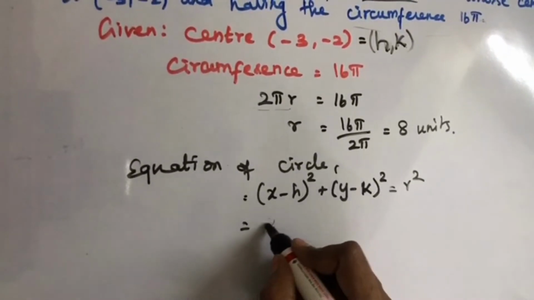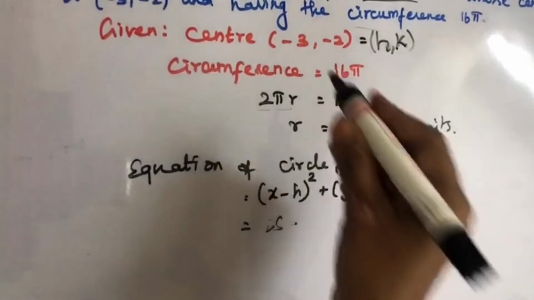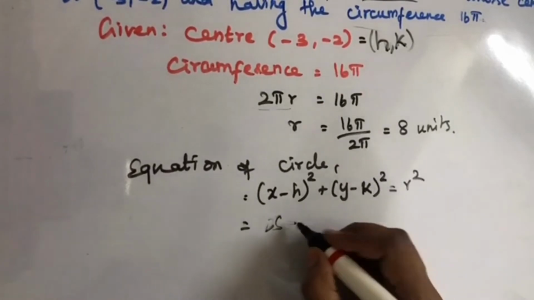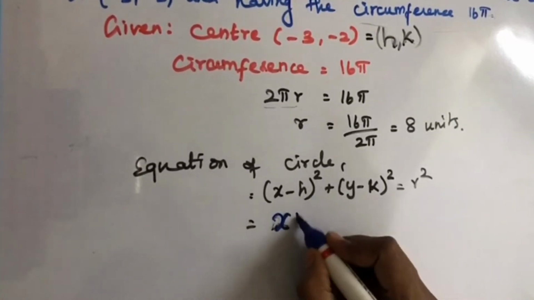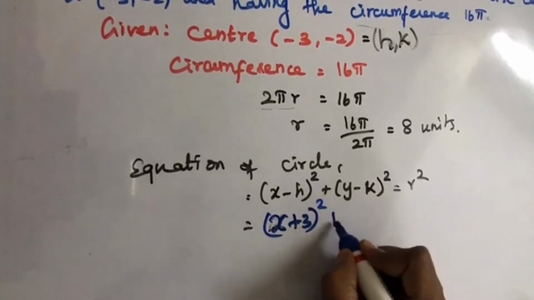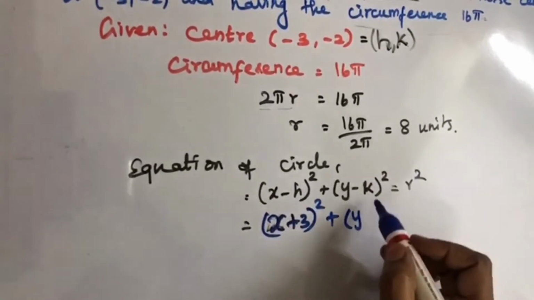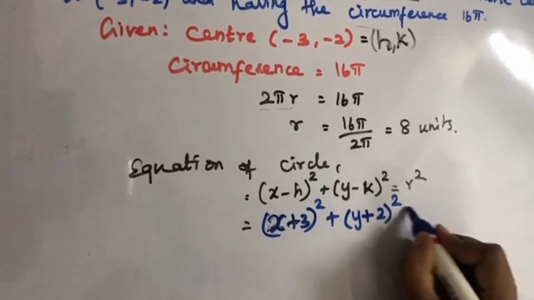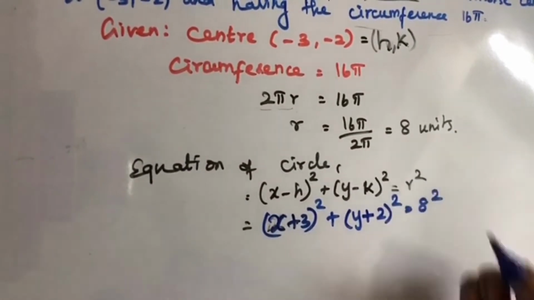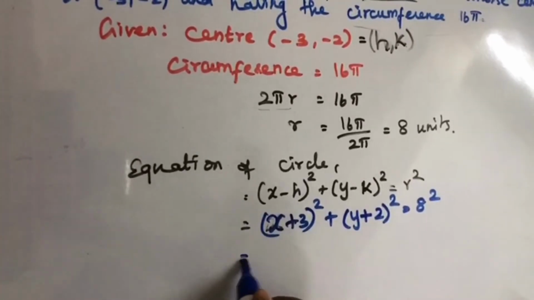Okay. Now so x, what is our h? Our h is minus 3. So minus of minus it is plus. So, x plus 3 the whole square plus again y, our k is minus 2, minus of minus it will be plus, the whole square is equal to 8 square. Now, we have to expand it.